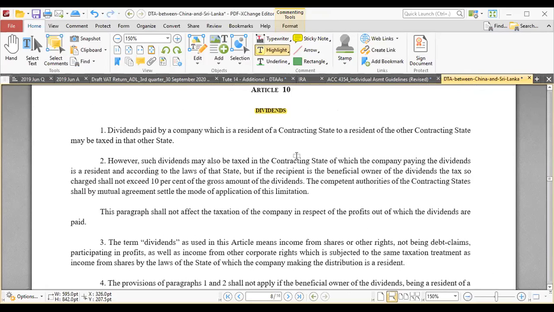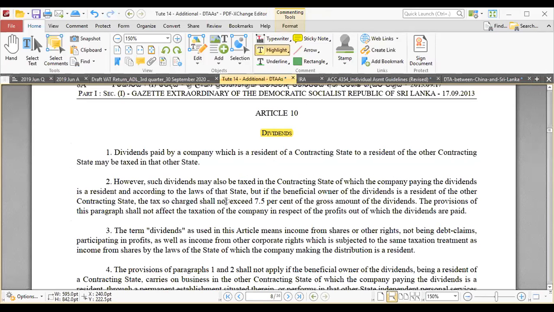In the case of dividend, it is 10% in China. In India, 7.5%. Those things need to be analyzed. The first 9 months is okay. Then the last 3 months, what we discussed was because of the reason changes, dividend paid by a resident company to a non-resident person is now exempt.